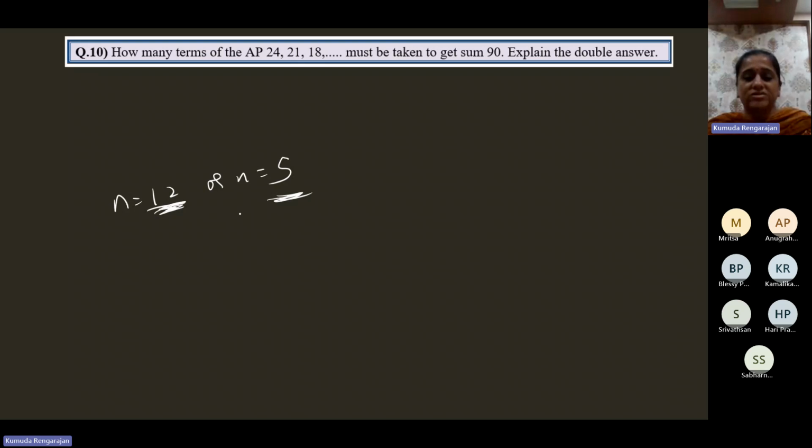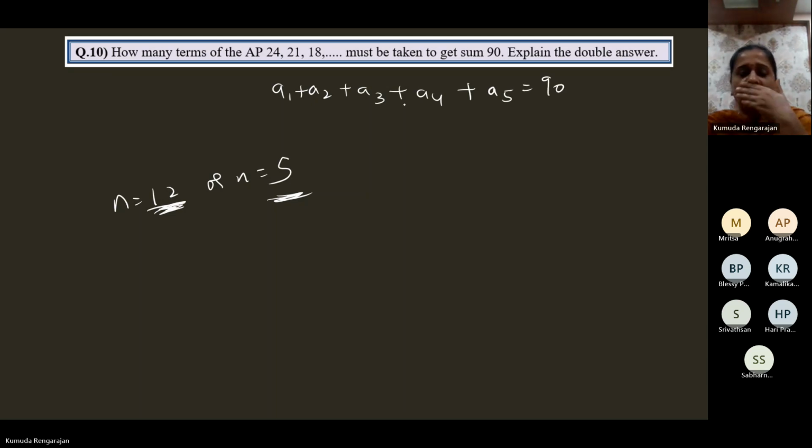Yeah, correct. Very good, Mritza. Both 5 and 12 are acceptable values for n. So you cannot reject them for any reason. So n is equal to 5 means the sum of the first 5 terms is 90: A1 plus A2 plus A3 plus A4 plus A5 is equal to 90.